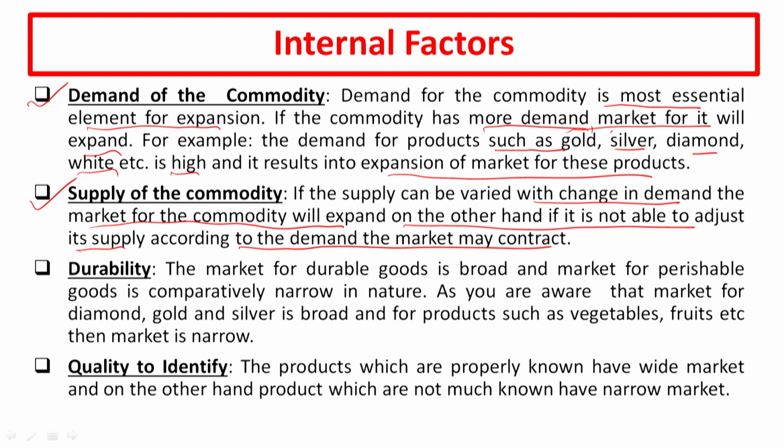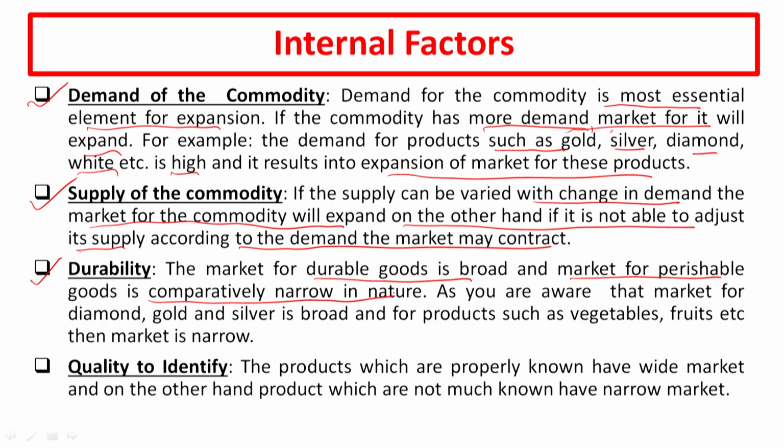So the first two important factors of internal points are demand of the commodity and supply of the commodity. The third one being durability. The market for durable goods is broad and market for perishable goods is comparatively narrow in nature. Durable goods are those goods which exist for a longer duration. On the other hand, perishable goods are those goods which are not in a good position after a period of time.